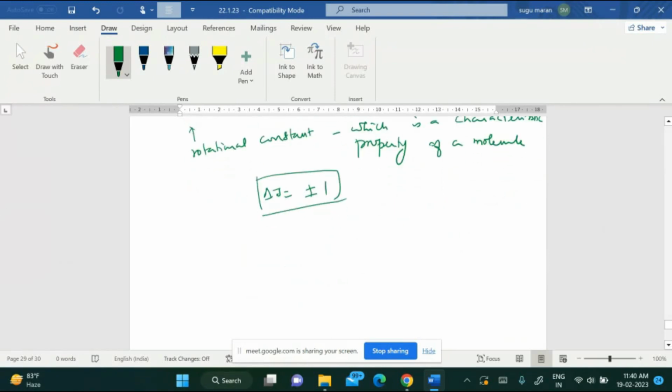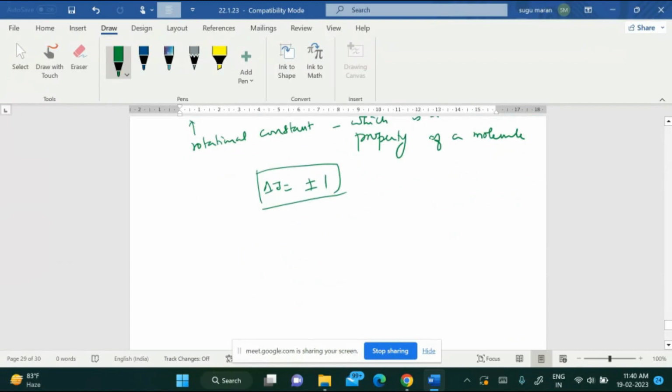So the energy levels obtained, if this is my rigid rotator, give the lines 2B, 4B, as I told you. But when I assume a non-rigid rotator, I show it in a dotted line.